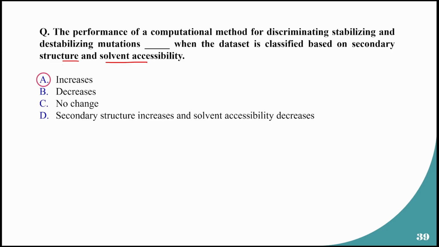If multiple criteria are included, for example secondary structure, solvent accessibility, and some other parameters, that will give you more nuance. So if your dataset is classified based on those, the algorithm will be better able to identify destabilizing and stabilizing mutations. Okay. So those are the mutation related concepts that the professor went over.